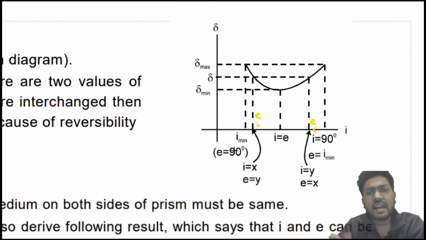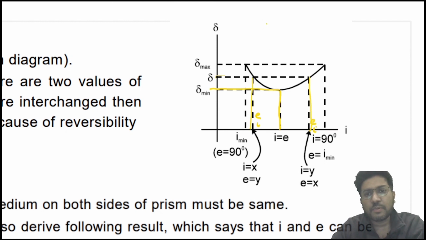So I and E are interchangeable except at the angle of minimum deviation. When there is minimum deviation, then I is equal to E, and it happens only once. But for any other given deviation, you will have two values of angle of incidence.